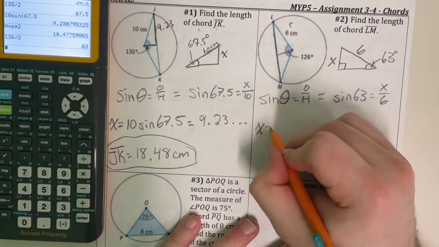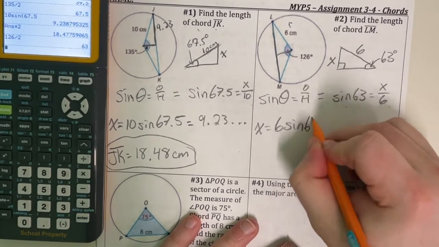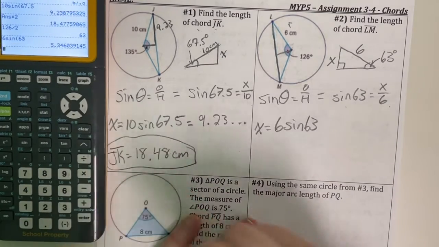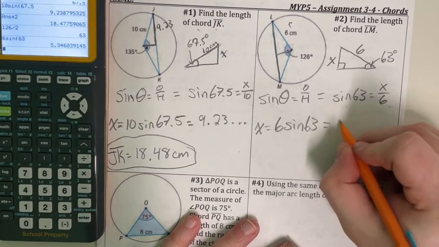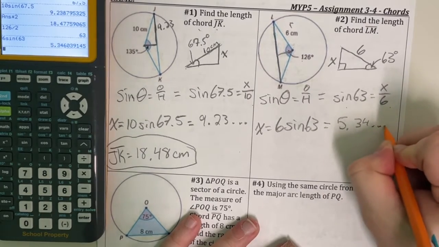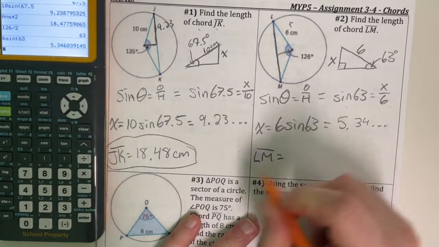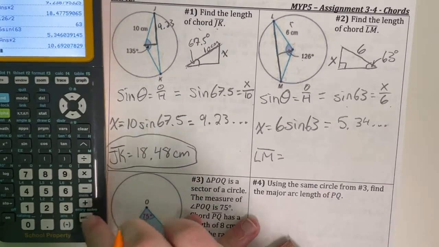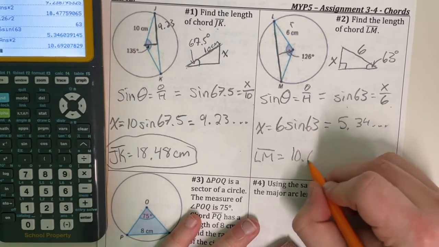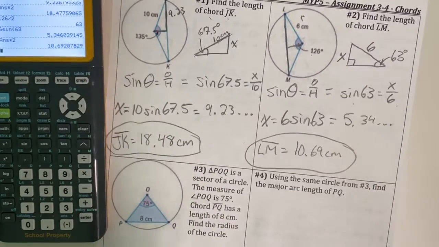So I have x equals 6 sine of 63. Hit enter. So I get about 5.34, some values after it. And again, I need this entire length LM, so I multiply by 2. So it's about 10.69 centimeters for chord LM.